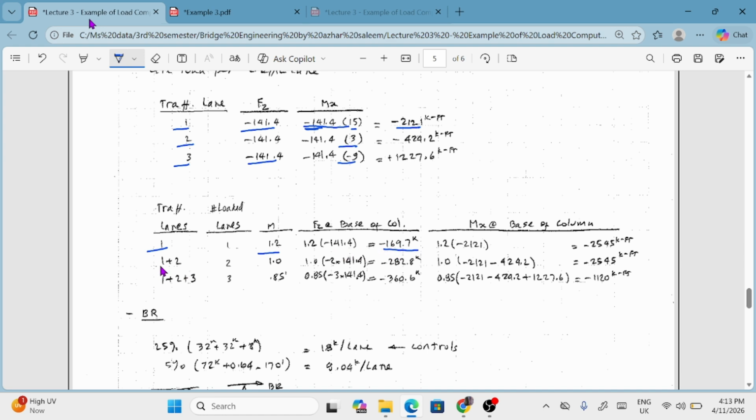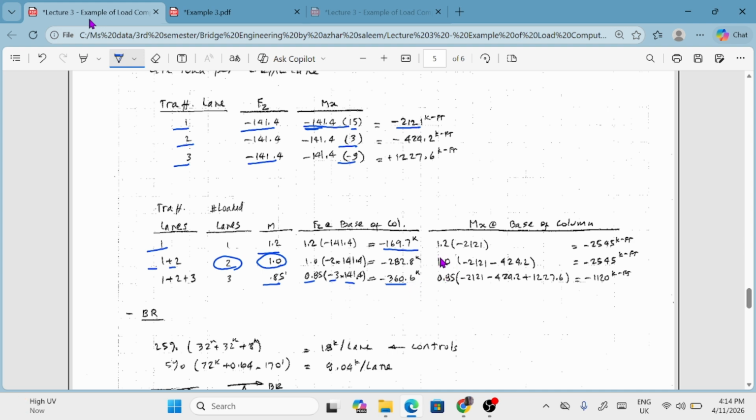If we load 2 lanes, lane 1 and lane 2, the multiple presence factor will be 1, so 1 multiplied by 2 multiplied by 141.4, and the total load on the base of the pier will be 282.8 kip. If I load 3 lanes at once, the multiple presence factor will be 0.85, and 0.85 multiplied by 3 lanes and 141.4 gives 360.6 kip.